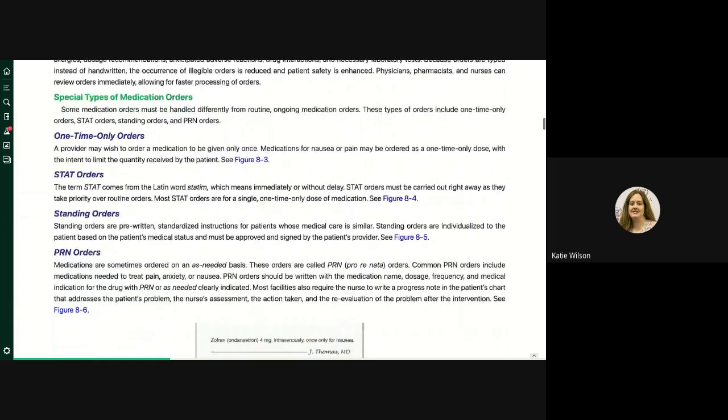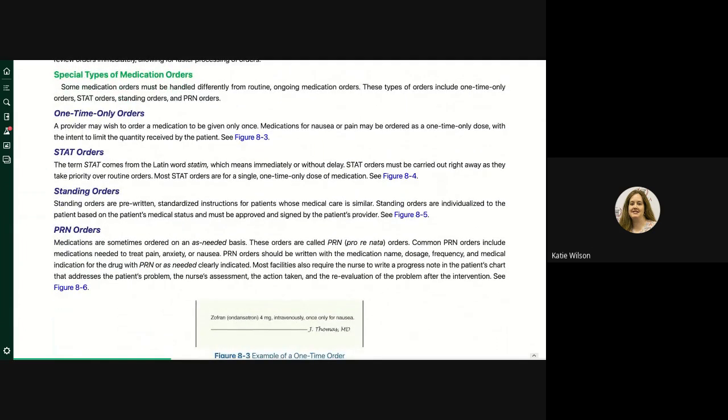And then special types of medication orders, we might see some orders that are one time only. So they only want the patient to have the medicine one time. They might have a stat order. Stat means like now, basically as soon as possible. So a stat order is usually a one-time administration, one-time order as well.